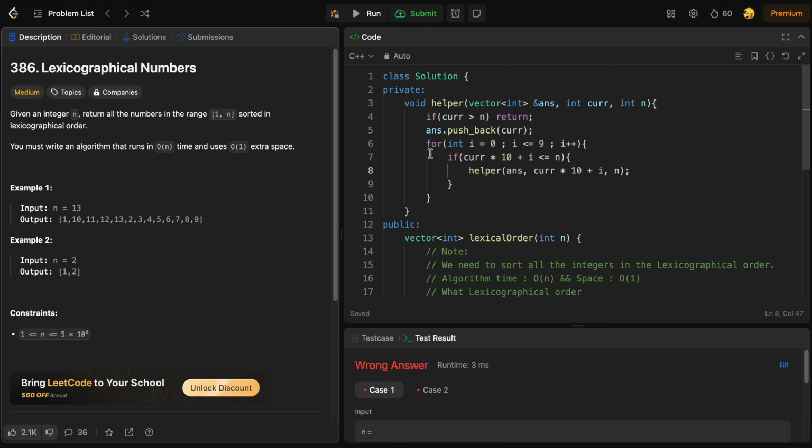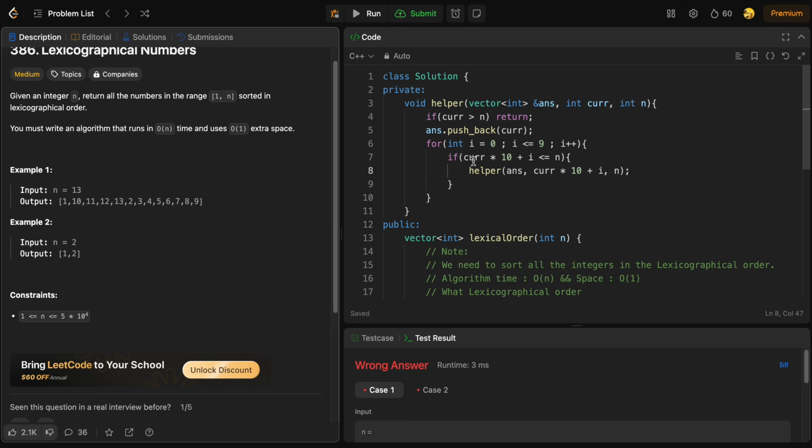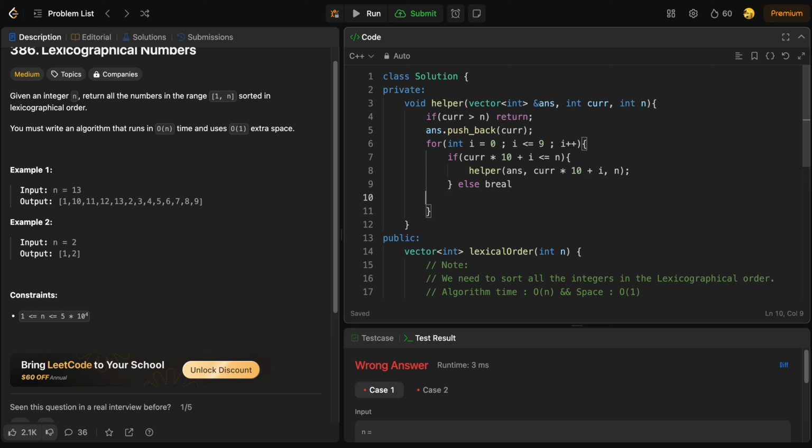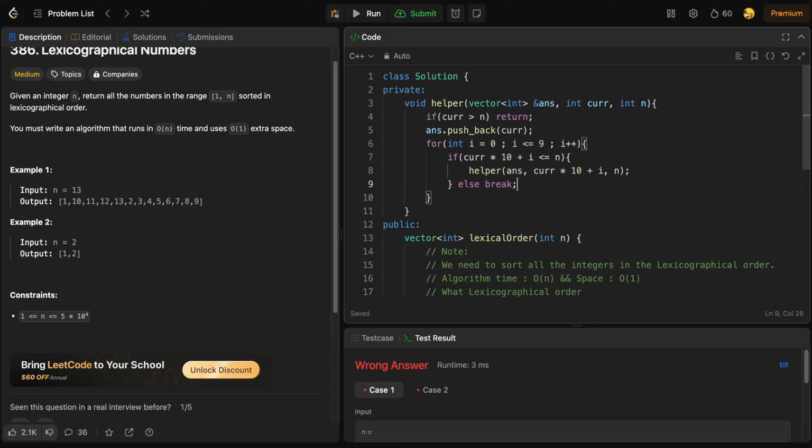So what I'm checking here is, given a root, I'm just checking if my current number into 10 plus i is less than or equal to n. Then I'll proceed to that branch or to that tree. If it's not the case, then I'll just break, because anyhow I'm just incrementing, so for every possible higher number, it won't be the case. So I'll just break it out.